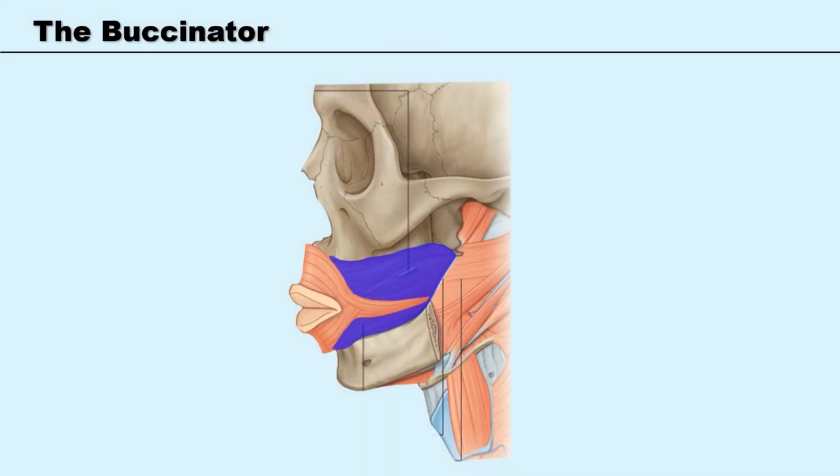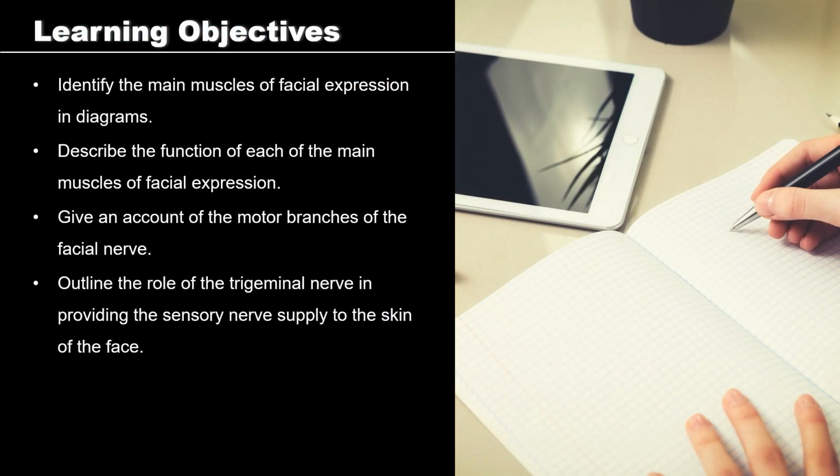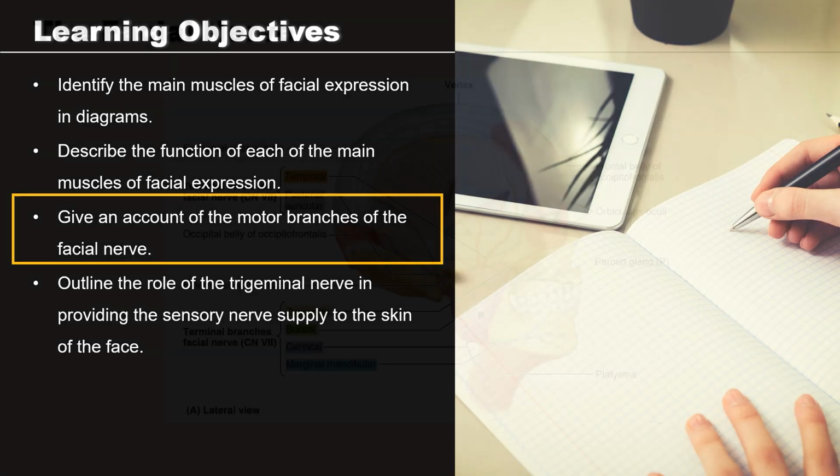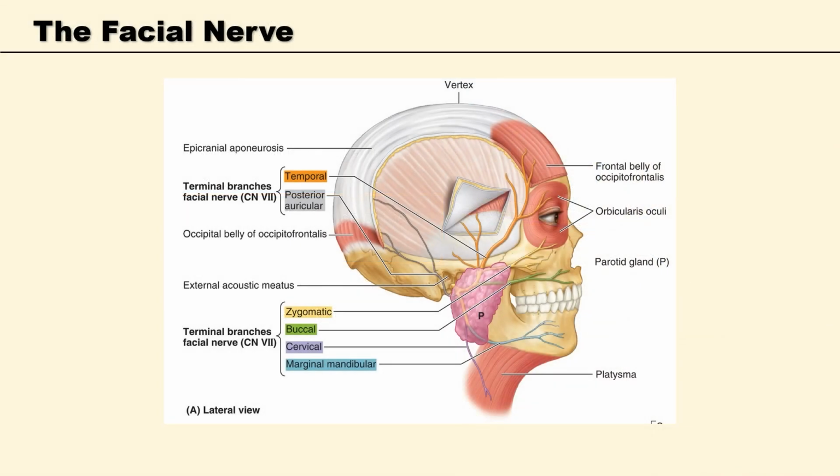Let's have a look at the learning objectives and see what we're going to look at next. So the next thing we need to look at is the facial nerve. So now you know some of the names and positions of the muscles of facial expression and have a vague idea of what they do.